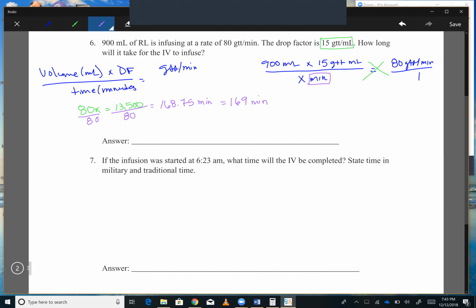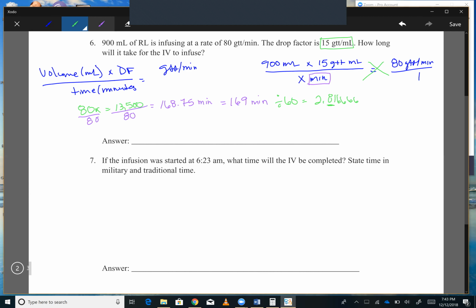Now remember, I want the time in hours and minutes. So I need to take that number and divide it by 60 because there's 60 minutes in an hour. And that answer is 2.816666, a whole lot of sixes. But I need to round this to the 100th place.